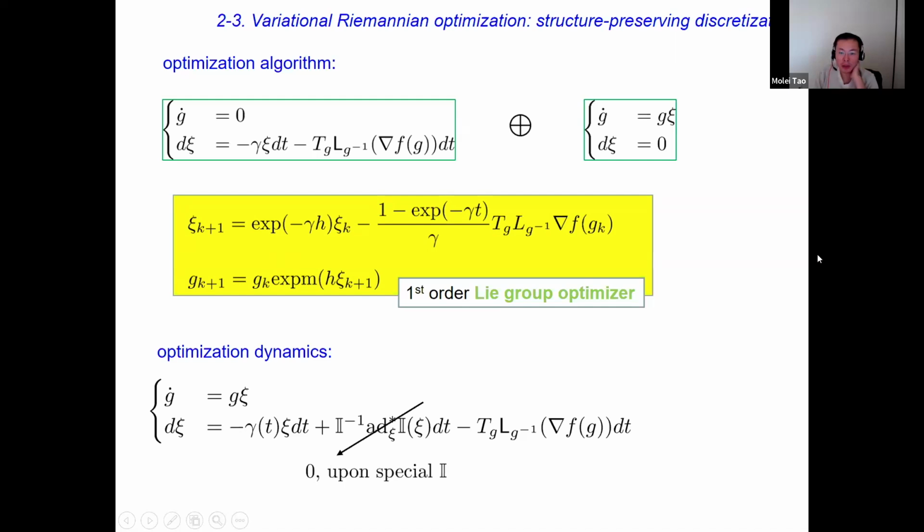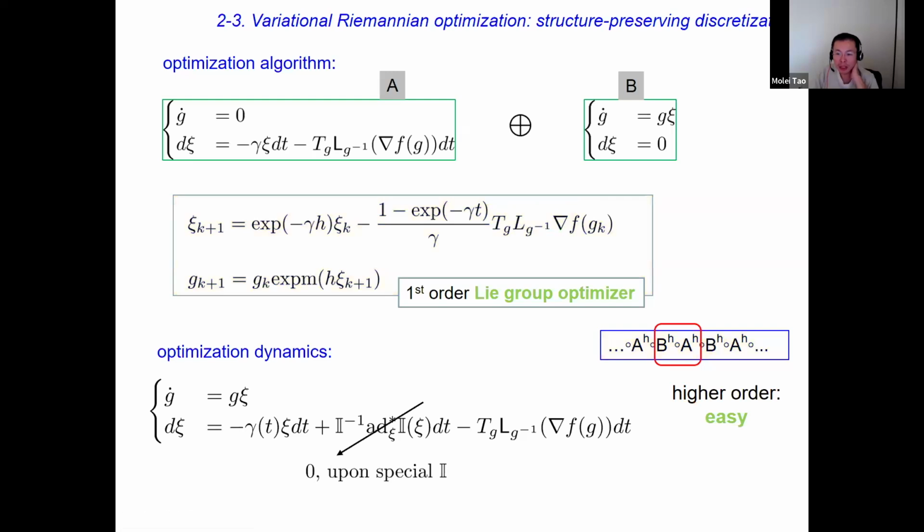So this is going to be a first order Lie group optimizer. If you care about order, it actually doesn't matter too much. For experts, here we are using something called a Trotter splitting. If I use a high order splitting scheme, I can make the method arbitrarily high order. So high order is easy.